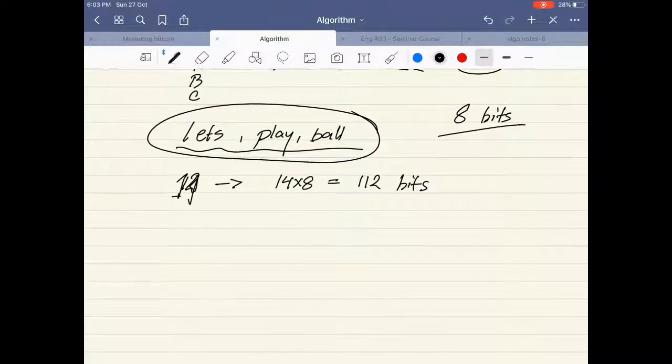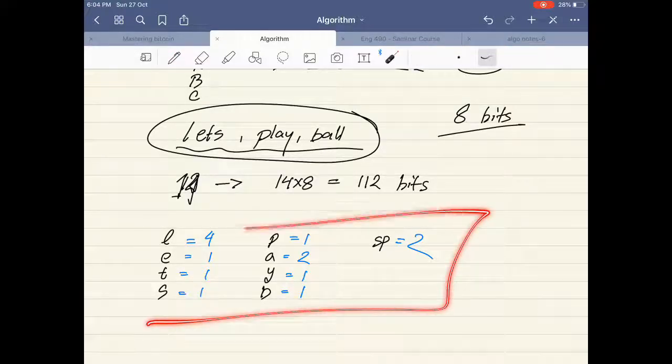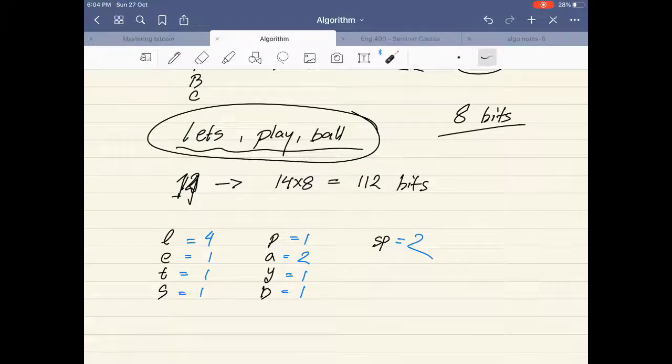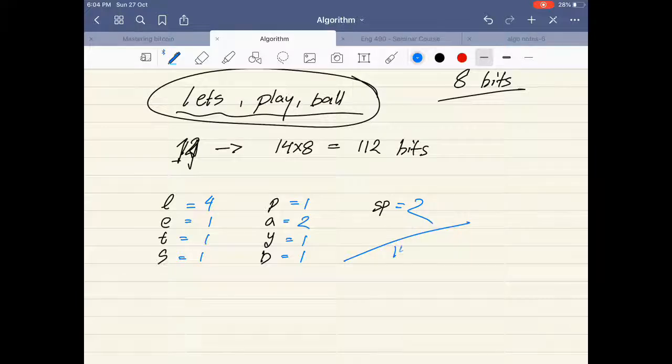So we have to first count the number of characters we have in that particular sentence. So let's write them down. So these are the characters that we have in that particular sentence. So the total amount of characters is 14.